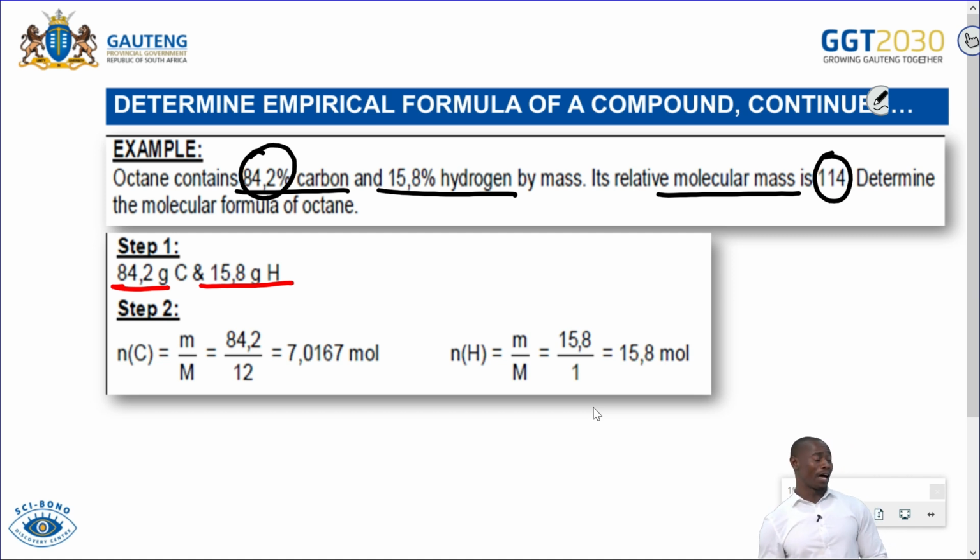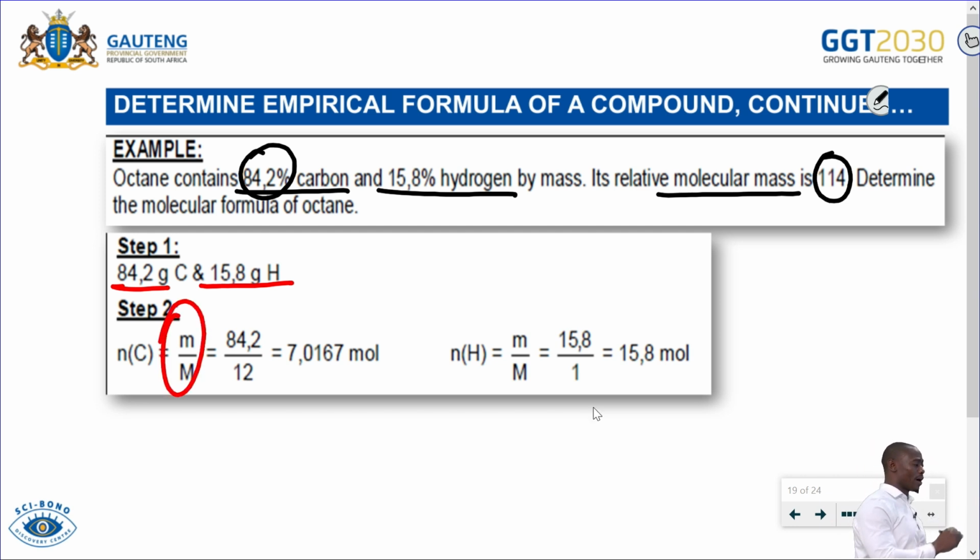So let's start with carbon. The number of moles is mass over molar mass, all right? What is the mass of carbon? 84.2. What is the relative atomic mass of carbon, or the molar mass of carbon from the periodic table? It's 12, right?